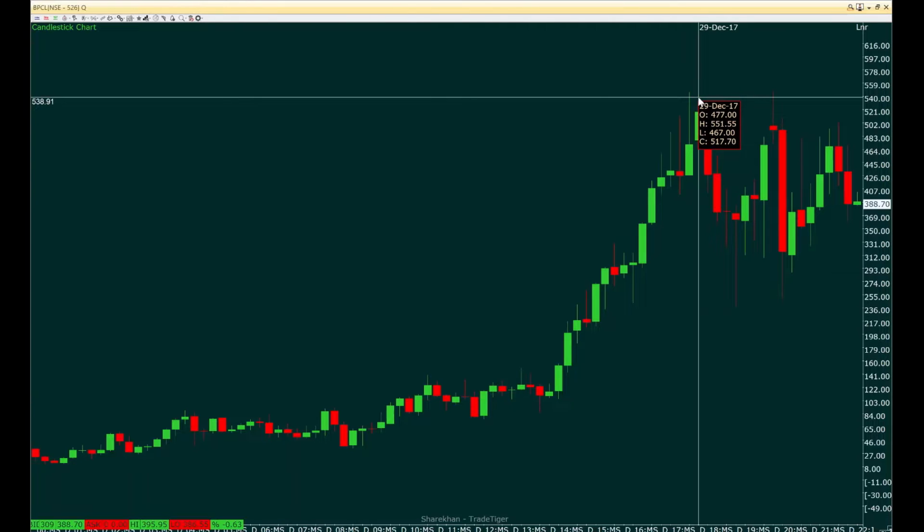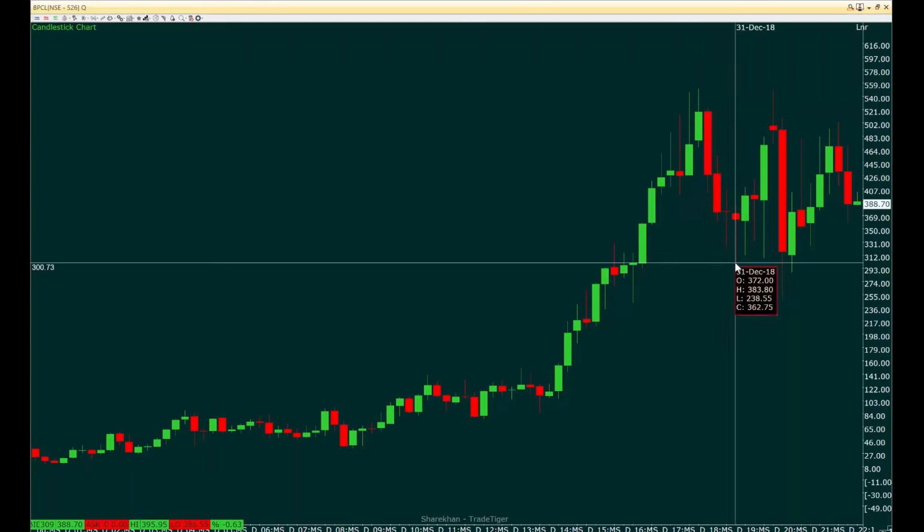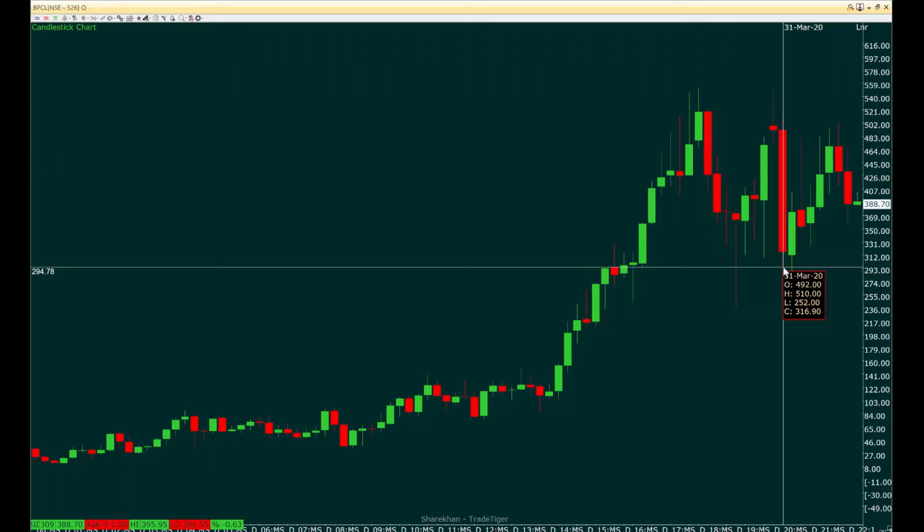The previous high was 551.55, and here it is 549.00. Similarly, the low which was made in December 2018 was 238.55, but here the low is 252.